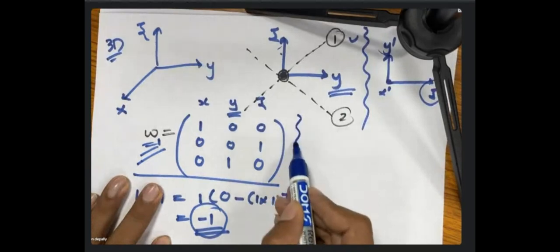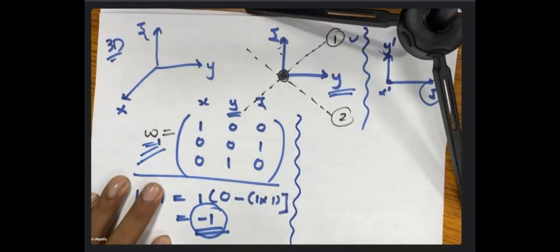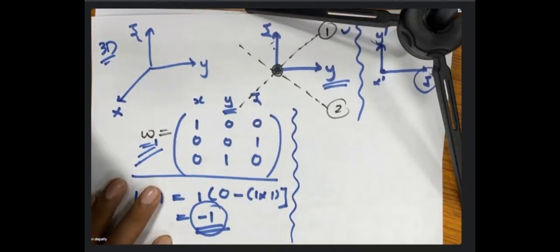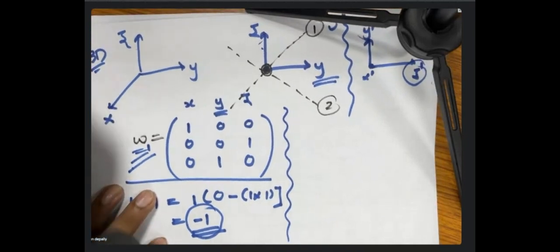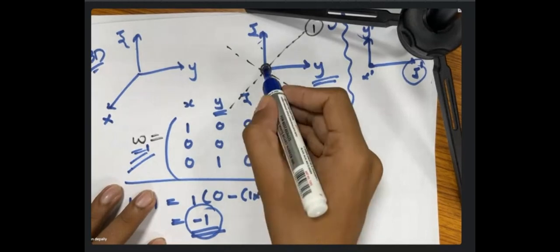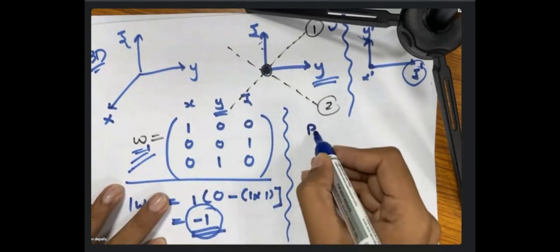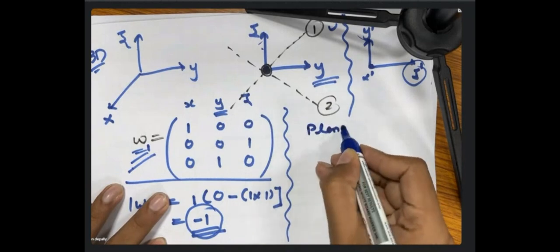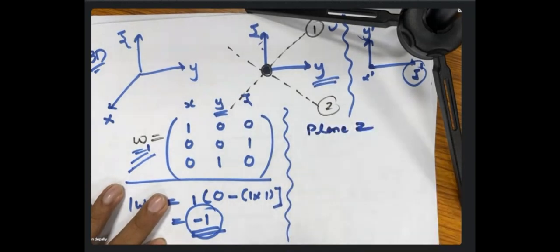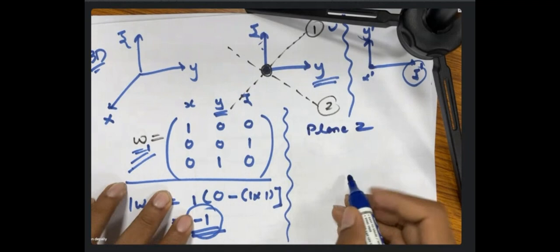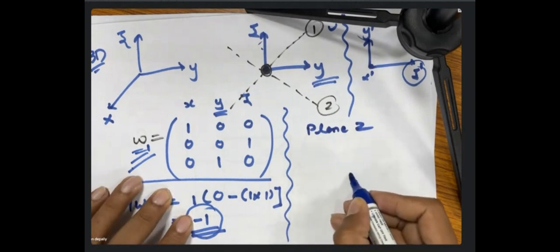Now let's go for the plane 2. Again, this particular x is not going to change if we talk about the plane 2. X will remain at its own place. So this is the x-axis.